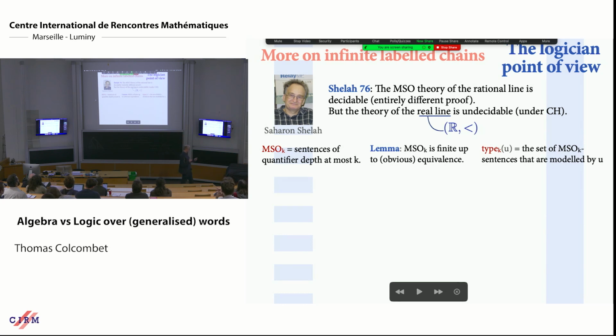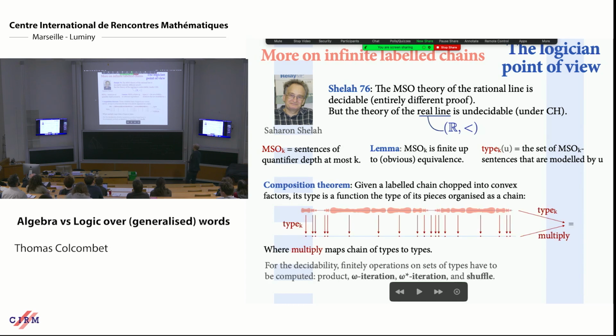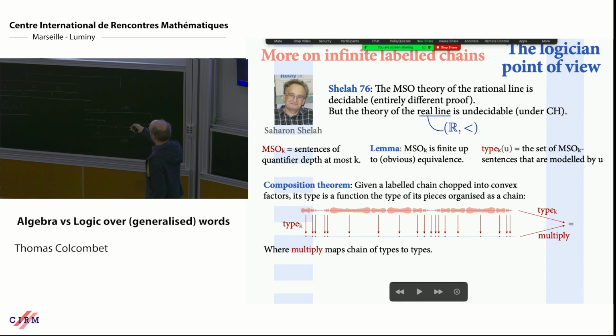Now if you give me a sequence, a linear order, you can define its k-type. It should be the 0-type in the normal logic terminology, but it's the set of sentences of quantifier rank up to k that all hold on U. The key argument in Shelah's proof is referred to as the composition theorem.